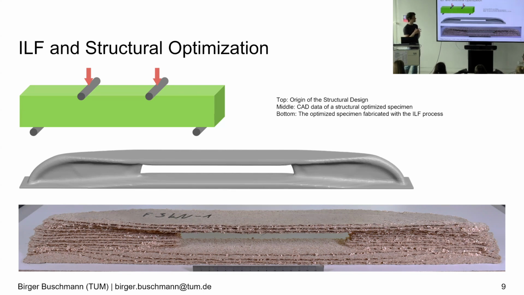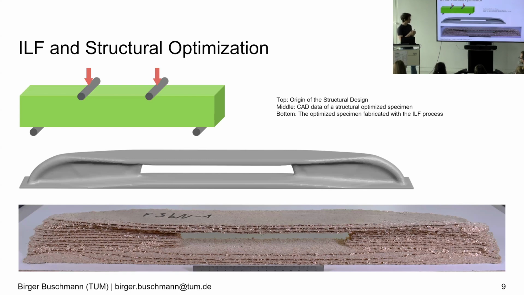Because the computer-generated designs are oftentimes very complex, it's not really feasible to create these designs with conventional manufacturing methods. But with additive manufacturing, where complexity is basically free, it's very easy to create these designs. So both of these methods together are a perfect match. You can create mass minimized designs with only the material that you actually need.